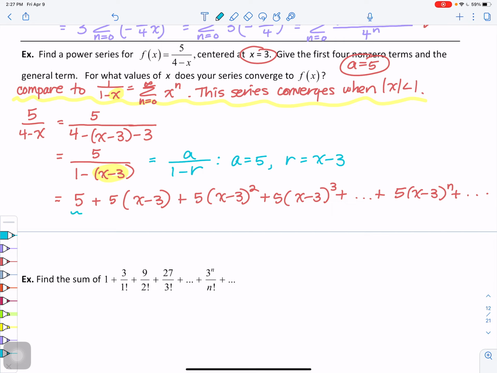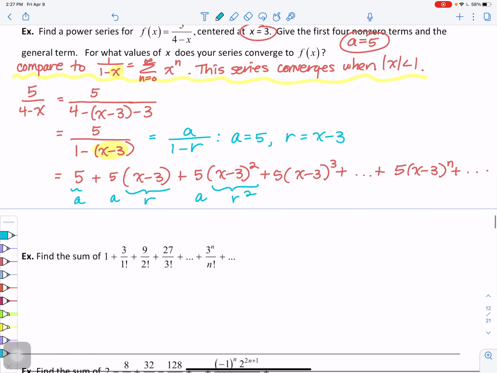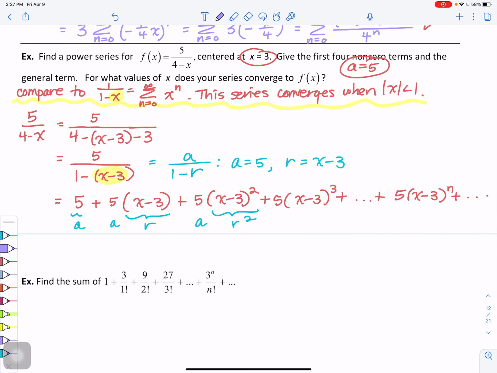Okay, so that's where we get a, and then we have our first r and r squared, and of course we still have our a there. So this is ar squared, and so forth. Okay, and so forth.